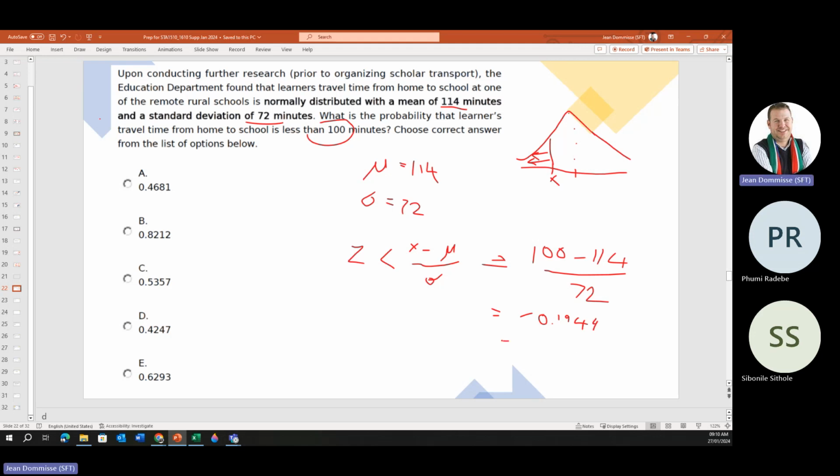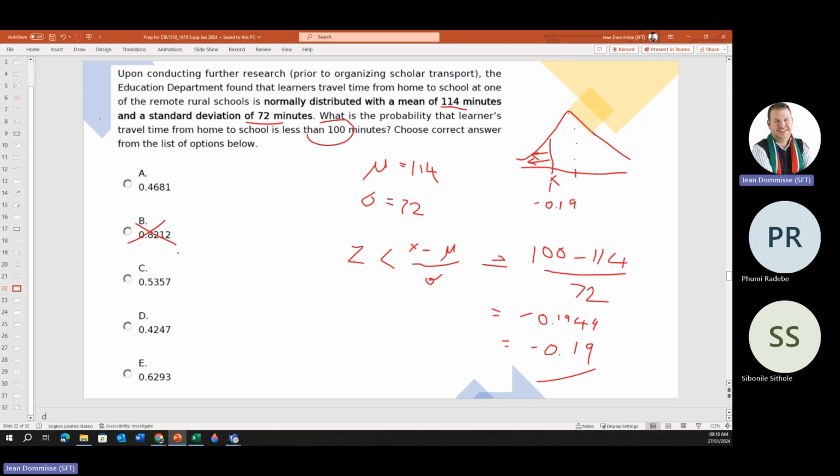If one rounds that off, it will be minus 0.19. Again, we see the bigger area there is 0.5, so this will be less than 0.5.